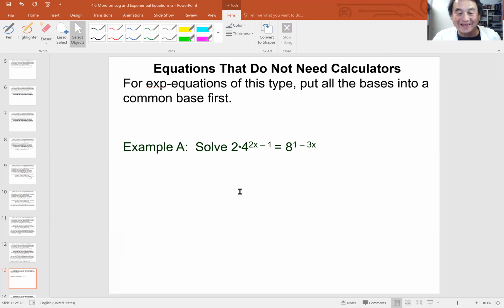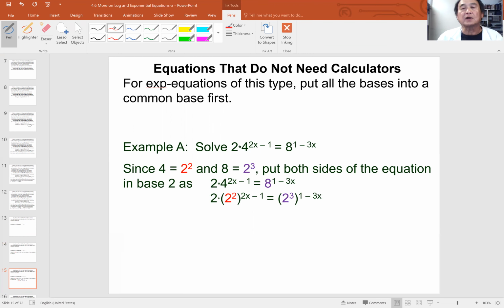And from here on it's actually a problem about collecting bases. Basically we're saying, what is the exponent on 2 squared raised to 2x minus 1, and what is the exponent on 2 to the third power raised to the 1 minus 3x power.